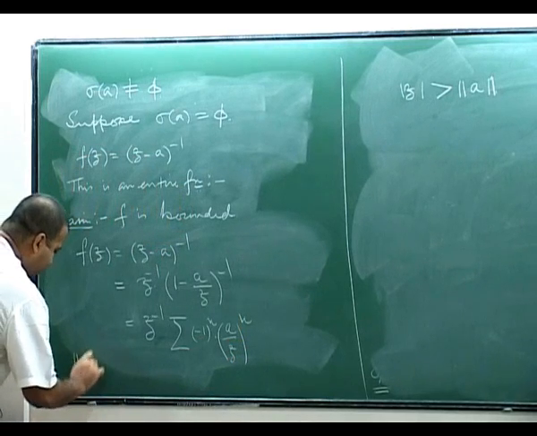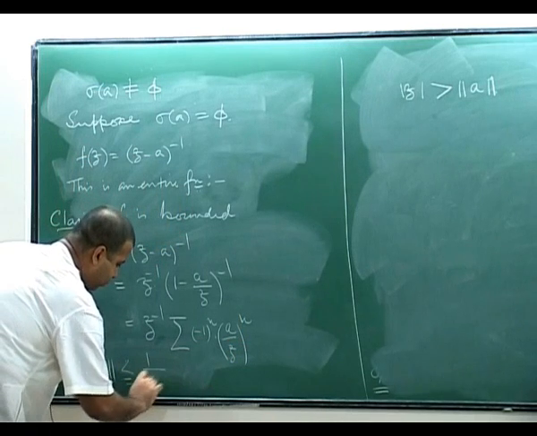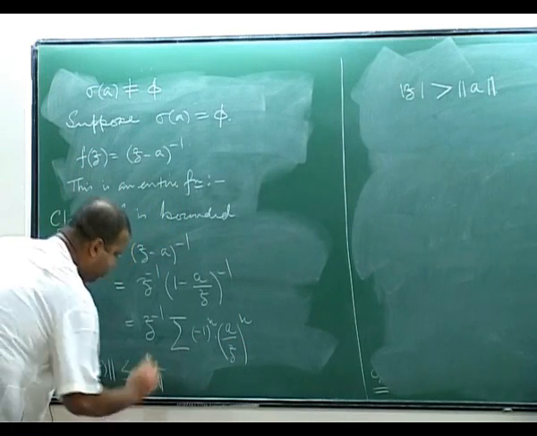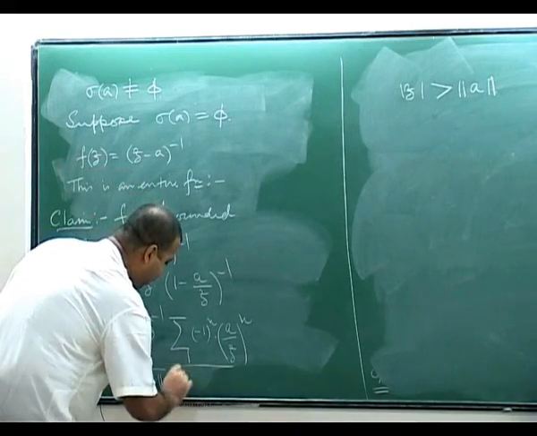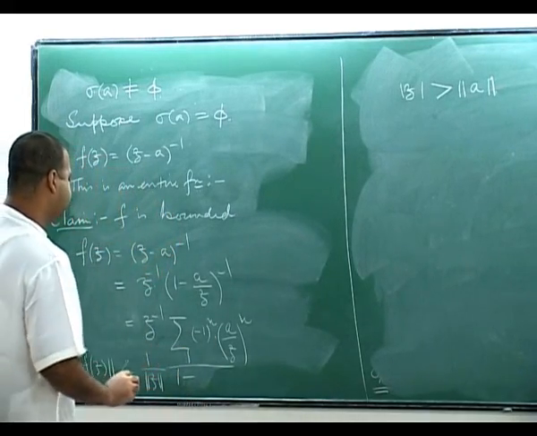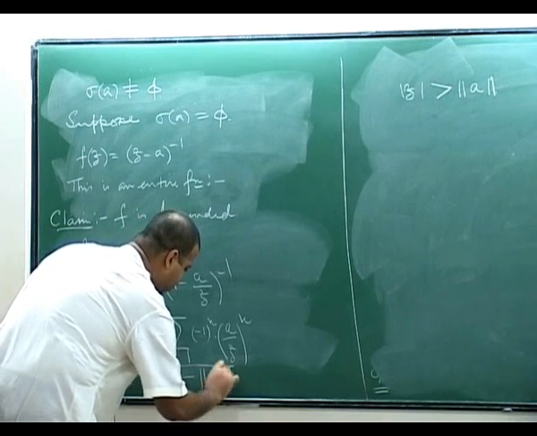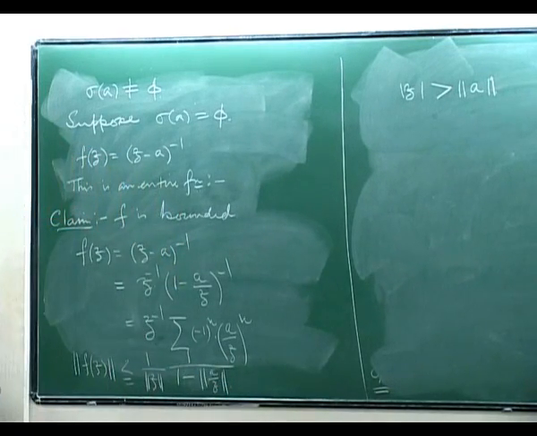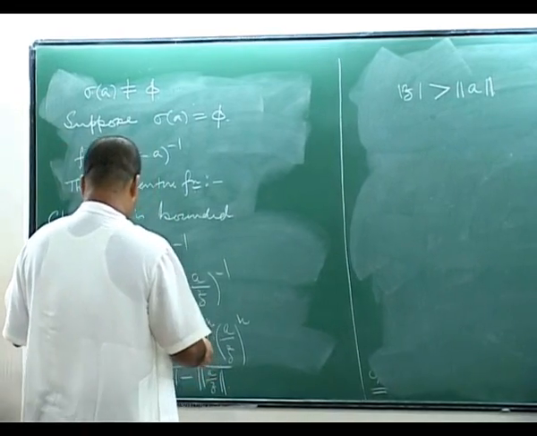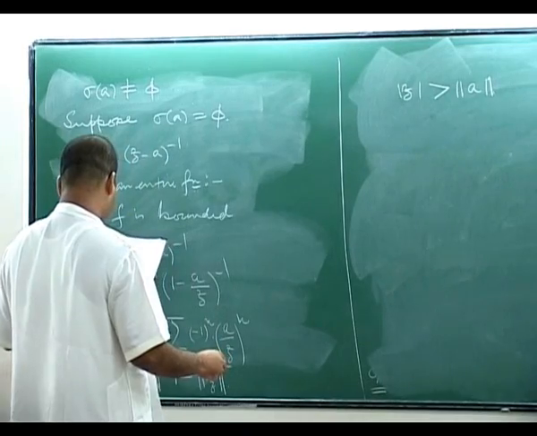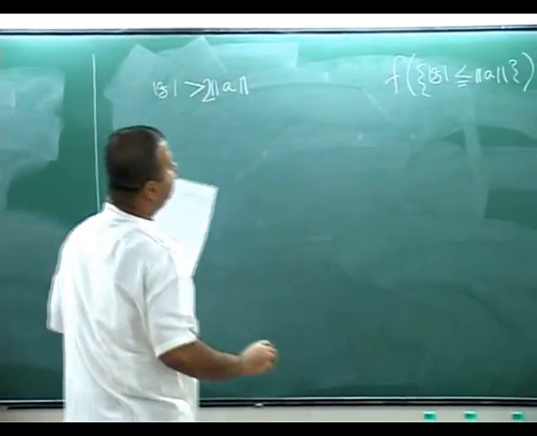Therefore, and then this is 1 by 1 minus something, and I think so. Let us take it like that.